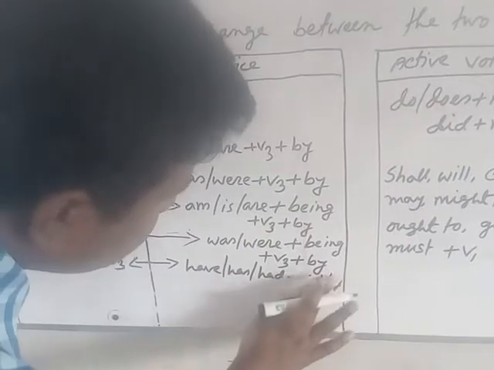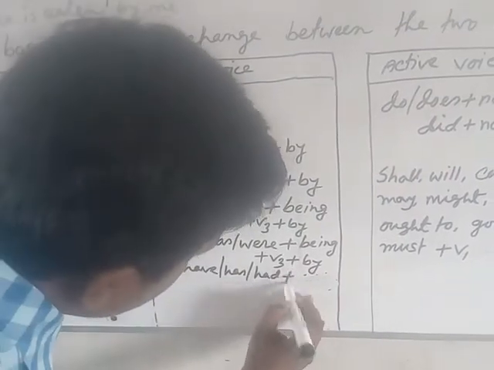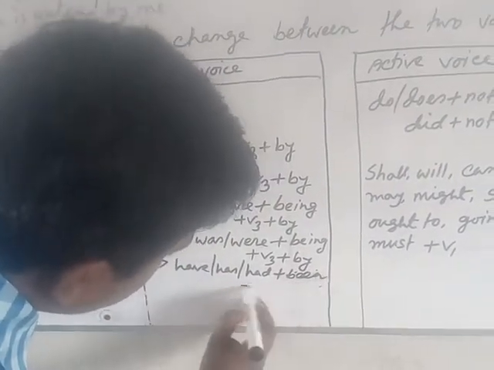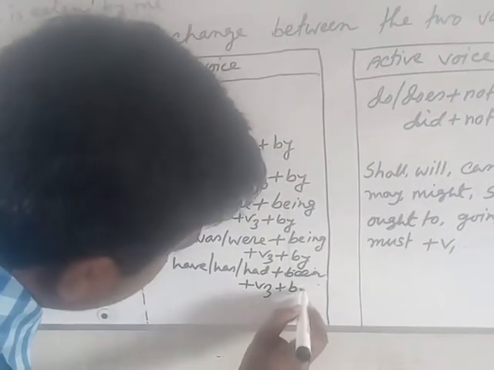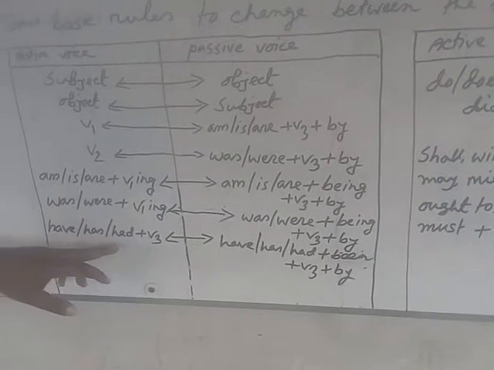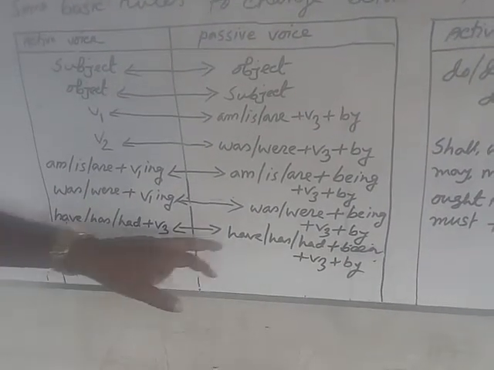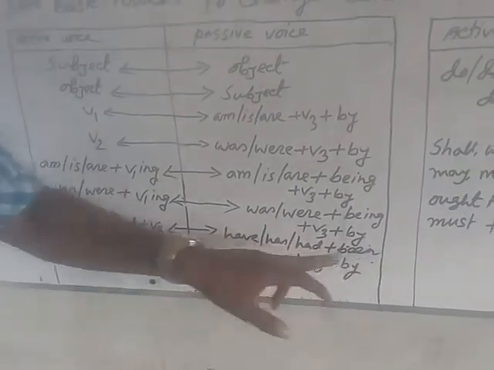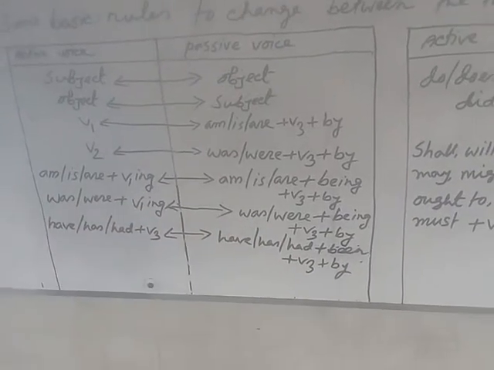And the perfect tense, have has had plus verb 3, will be changed into have has had plus been plus v3 plus by.